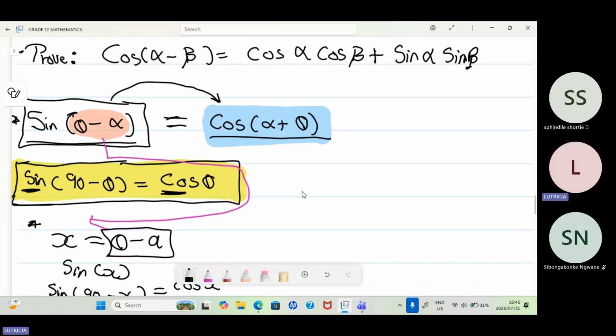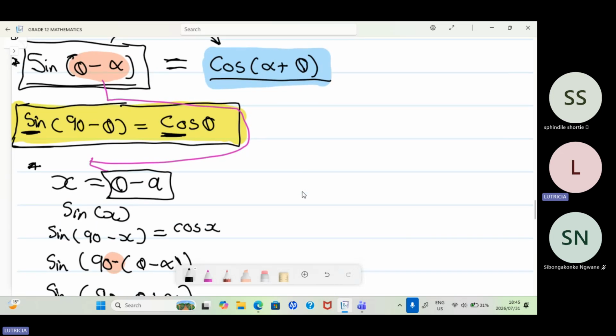I just realized something. I actually did the opposite.